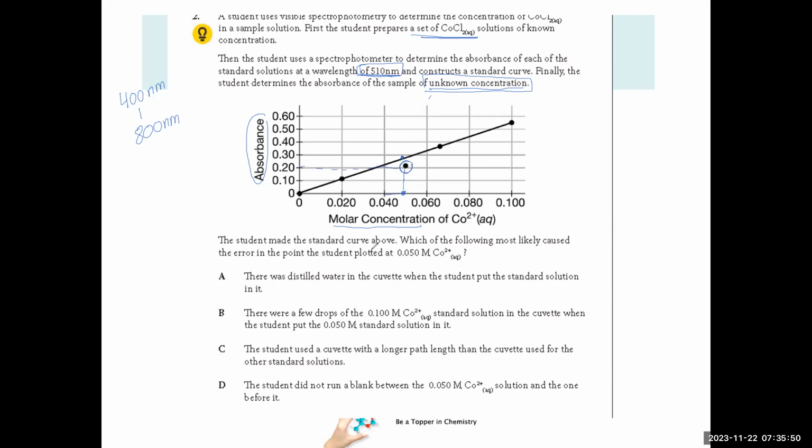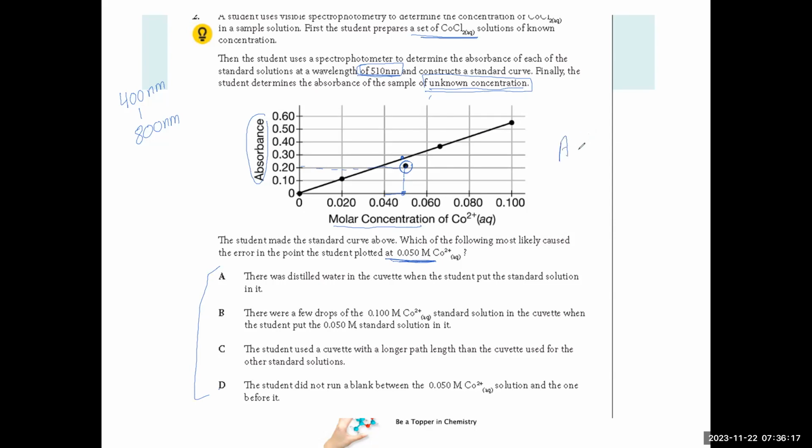So they're asking what can be the reason for that. At this concentration, the graph is out of line. There is error. You're getting low absorbance.